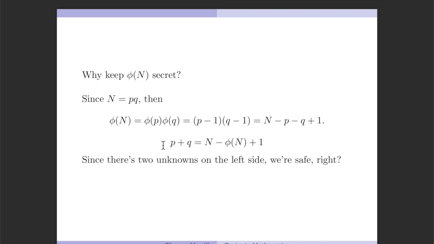Or do I? So, keeping the perspective that I know n, I know phi of n, and now I know exactly what p plus q is. I can actually leverage that information to solve for both of these integers.